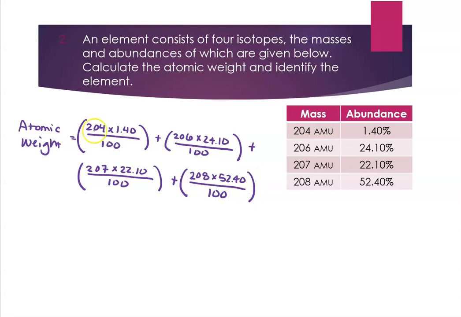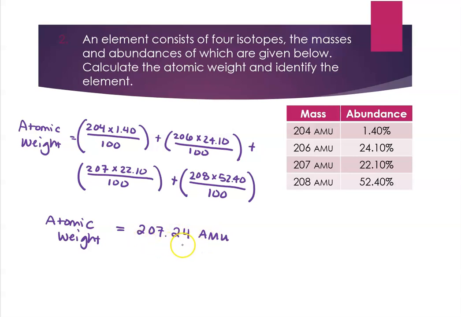All right, so that's all my isotopes. Again, I'm just going to plug all of this into my calculator, and the atomic weight that I get is going to be 207.24 AMU.